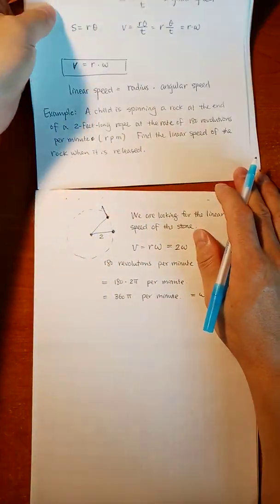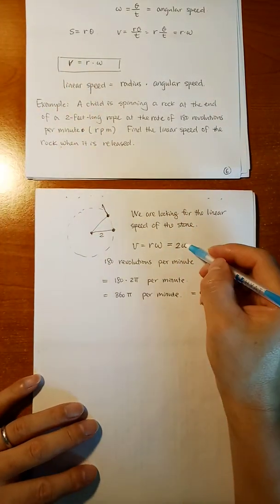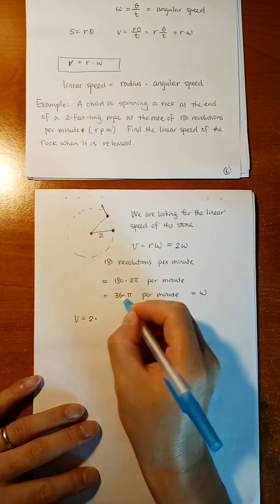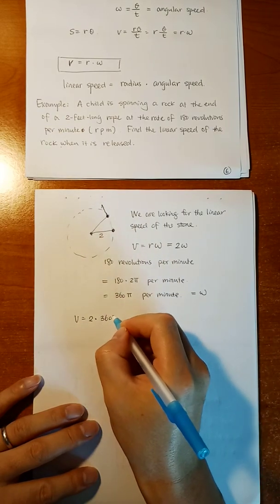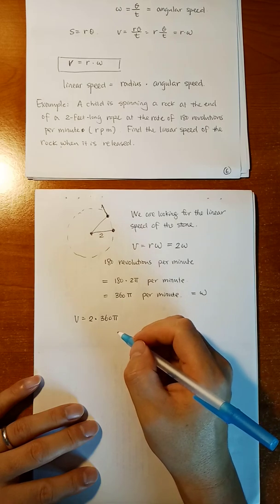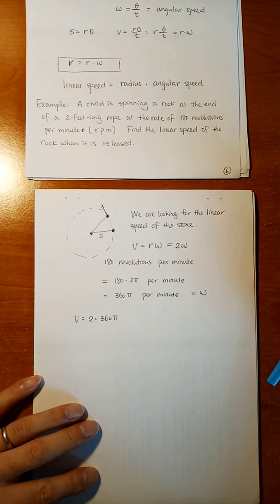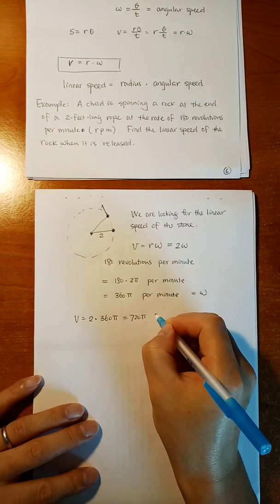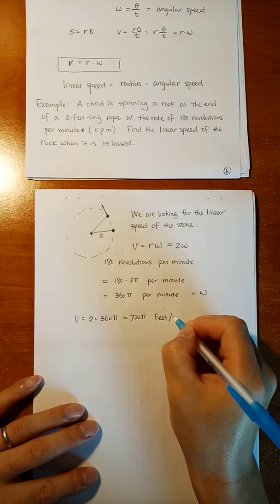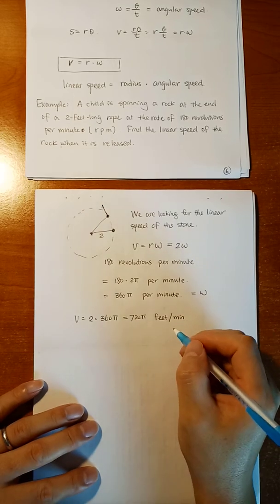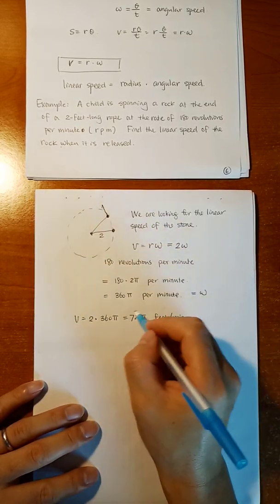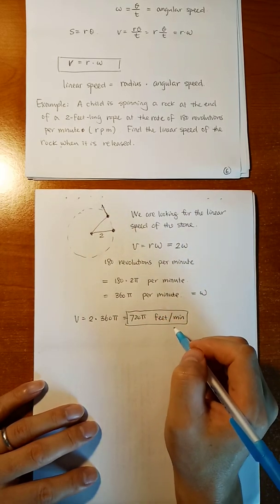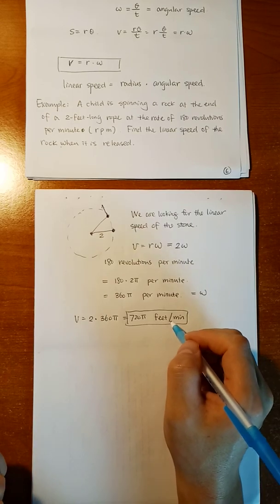Once you get this, you plug in, and the linear speed is equal to 2 times 360 pi feet, which is 720 pi feet per minute. In the exam, you just leave it like this. Don't transform it.